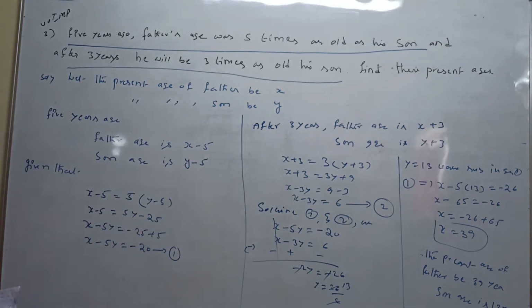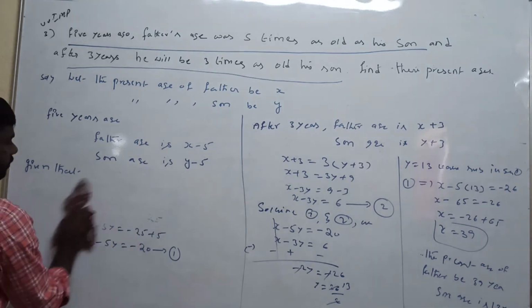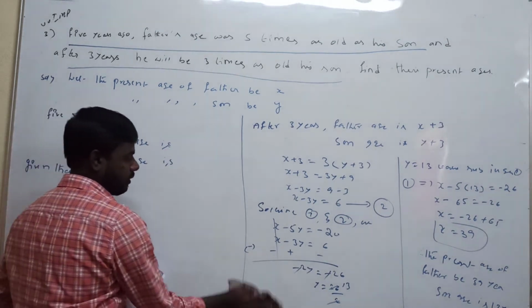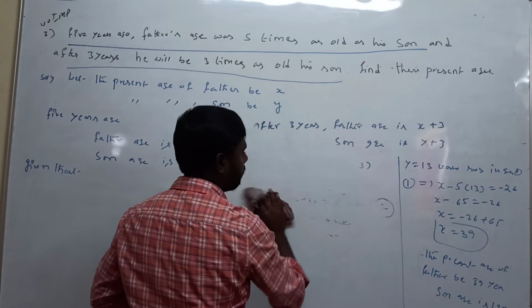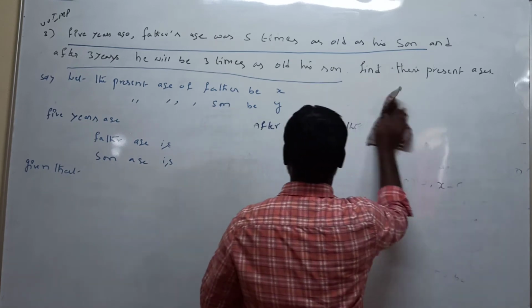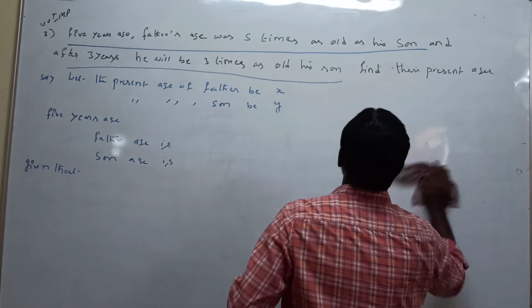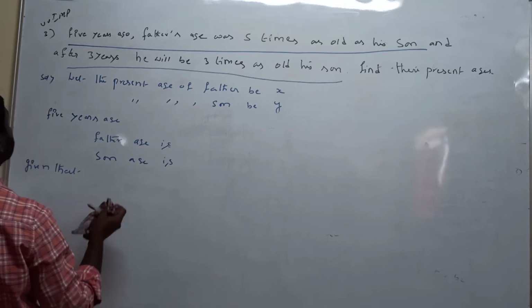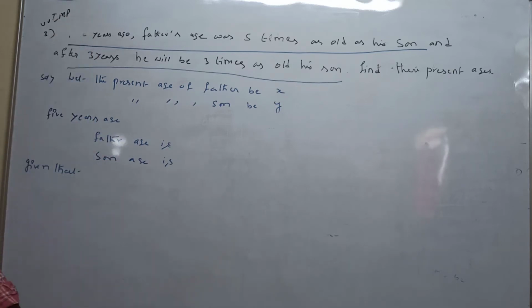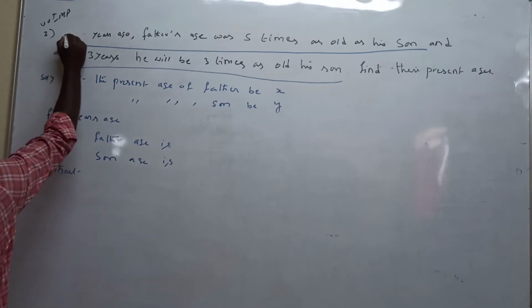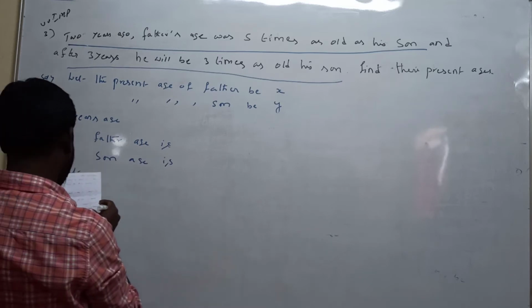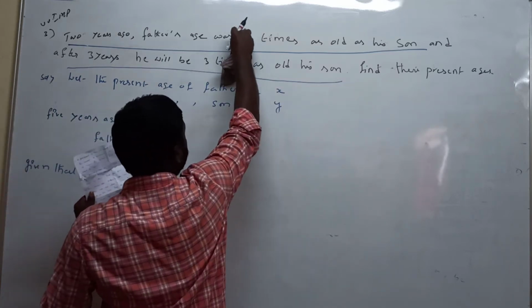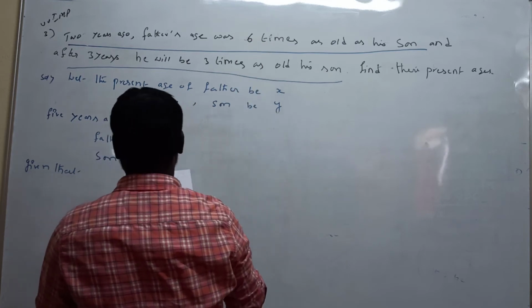Very important. Next one is the fourth question. The next question is the same, only the values change. Two years ago, the father's age is 6 times the son's age.